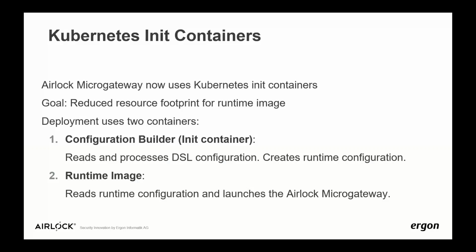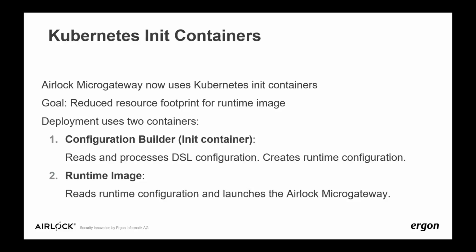The biggest change on the Airlock Microgateway is that we now use Kubernetes init containers. The goal was to reduce the resources for the runtime image. What it does is we have actually two containers. One is the config builder, the init container, which takes the DSL, processes it, and then creates the running container.